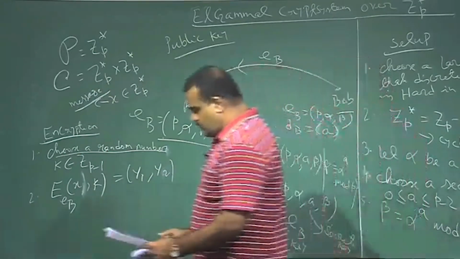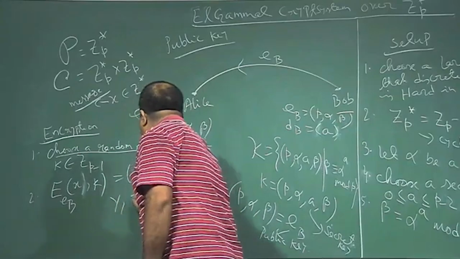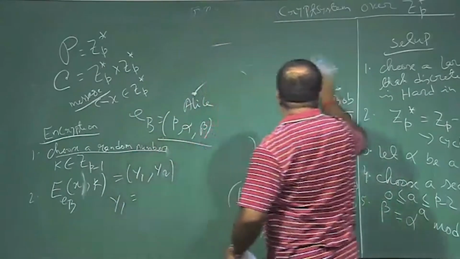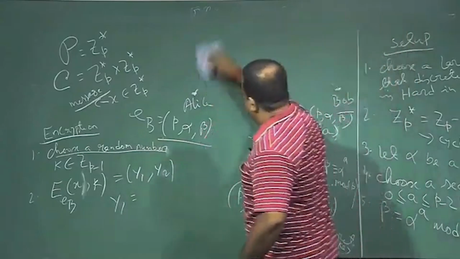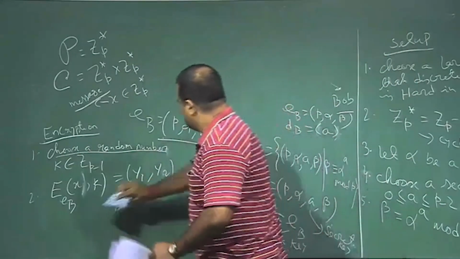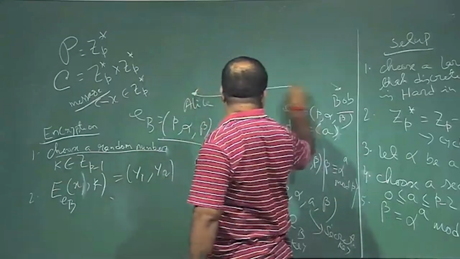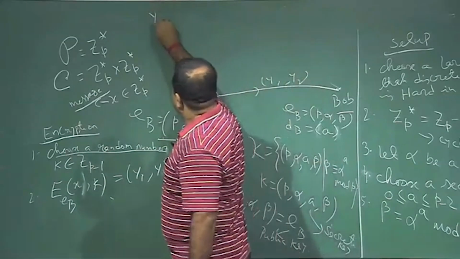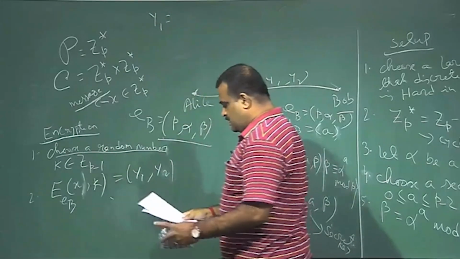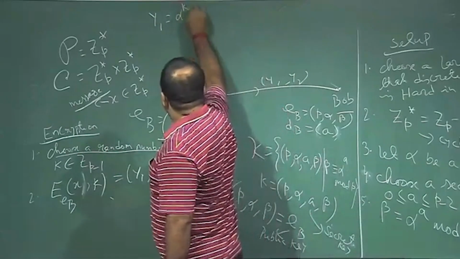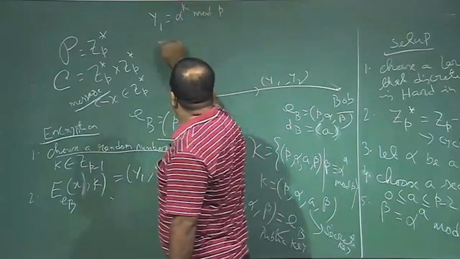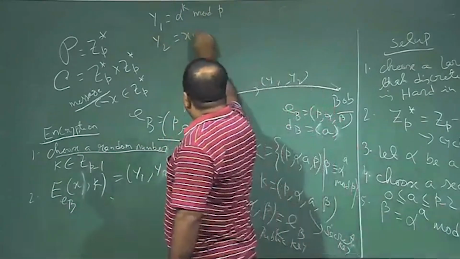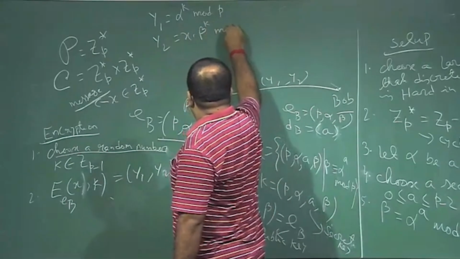So what is Y1? Let me write here. Alice is sending Y1, Y2. Y1 is basically alpha to the power k mod p, and Y2 is basically x into beta to the power k mod p.